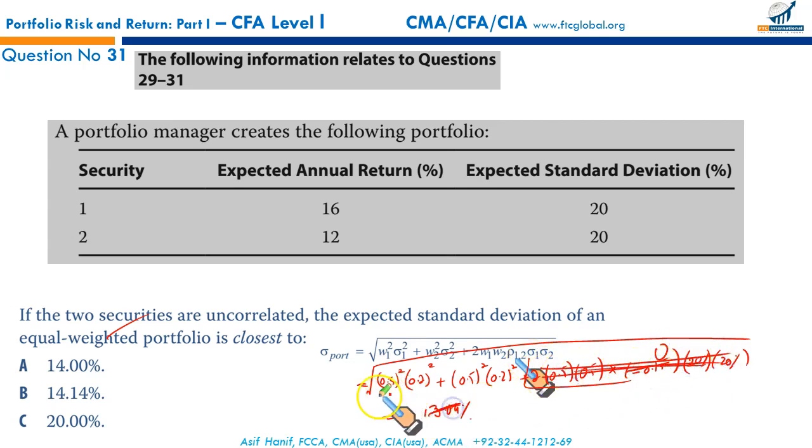So you just take these to get your answer. That is 0.5 squared times 20% squared plus 0.5 squared times 0.20 squared. And once you simplify, it should give you 14.14%, and that makes B the correct option.